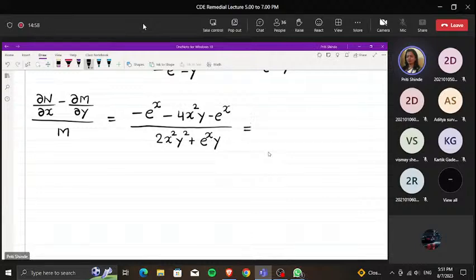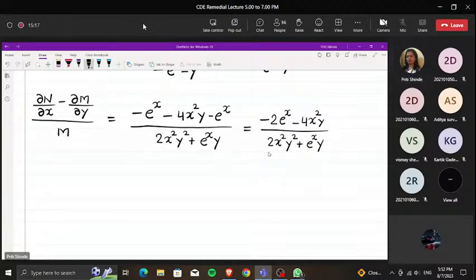So minus e raised to x minus e raised to x becomes minus 2 e raised to x minus 4x square y, divided by 2x square y square plus e raised to xy. Initially, you can see it's a combination of x and y, but simplify. From the numerator, you can take minus 2 common.